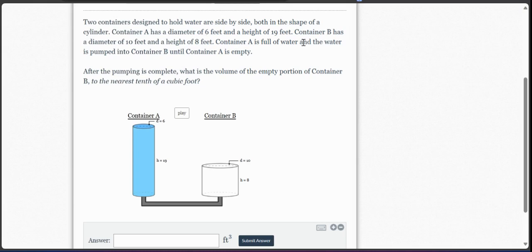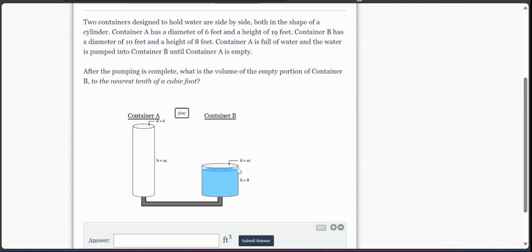A is full of water and pumped into container B. So same scenario as last time. Now let's see what happens after it's pumped into this one. Same thing happens, but the question is different here. It says after pumping is complete, what is the volume of the empty portion in container B?